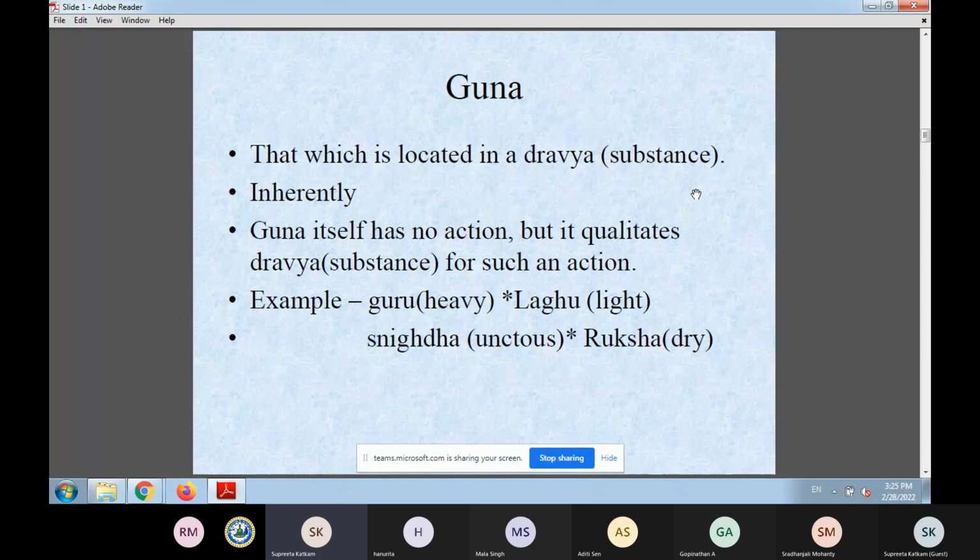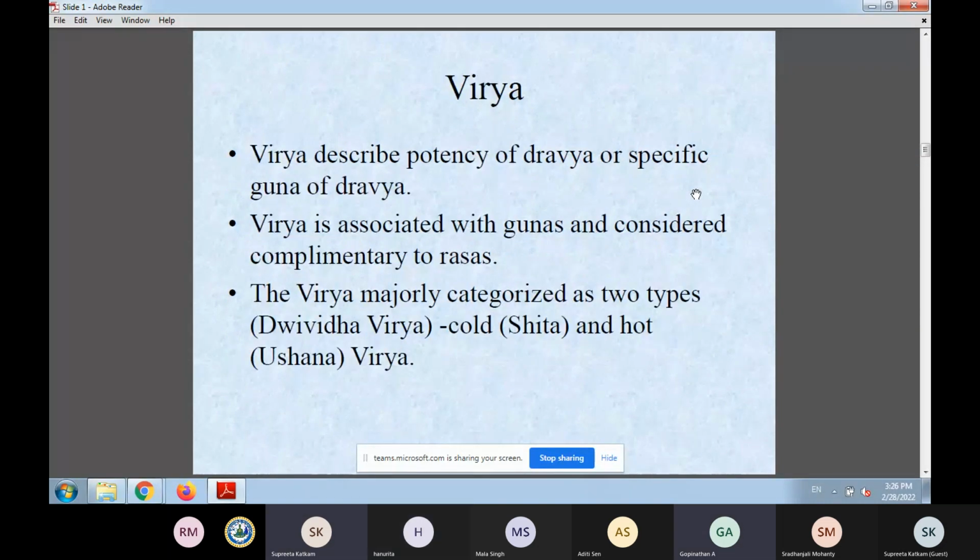As we studied in the previous session in Ahara Vidhi Visheshayatana, black gram is basically guru and green gram is basically laghu. Guru, Laghu, Snigdha, Ruksha, Ushna, Shita, etc. gunas are present in a particular substance. It is the presence of these gunas that imparts a particular action to a substance.